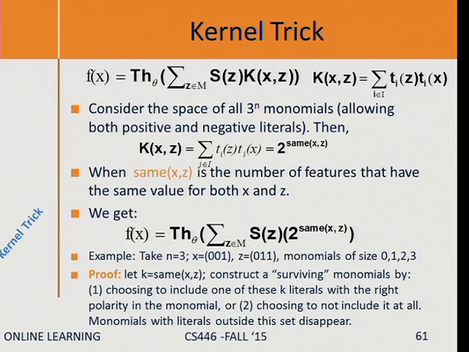So for these k things that are the same, I'm going to put them in my monomial. And I'm arguing that these monomials that consist of any combination of these k are going to be on both sides. And therefore, all the subsets of k are going to be there.